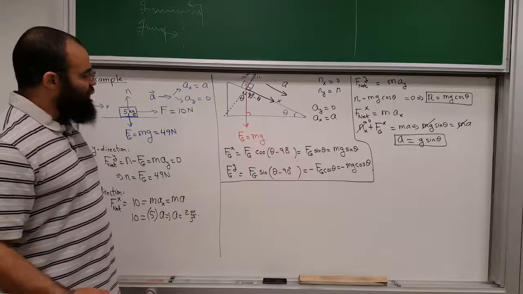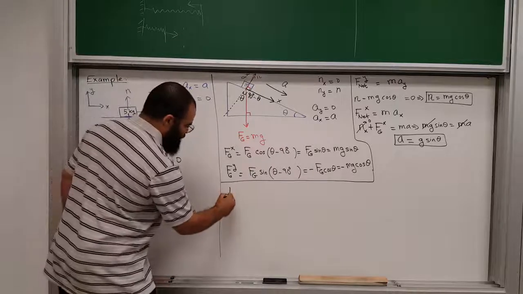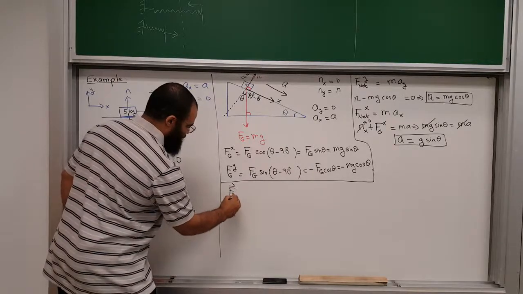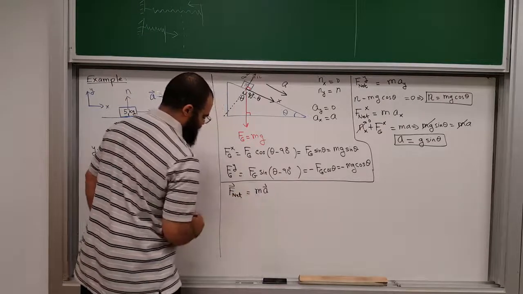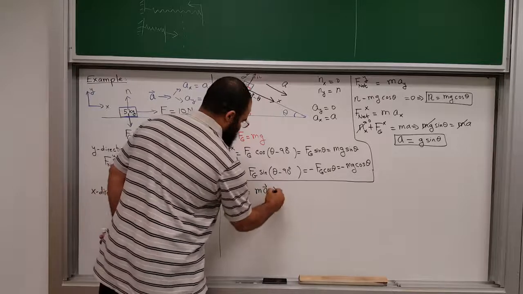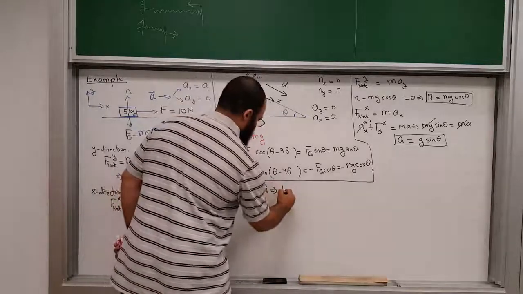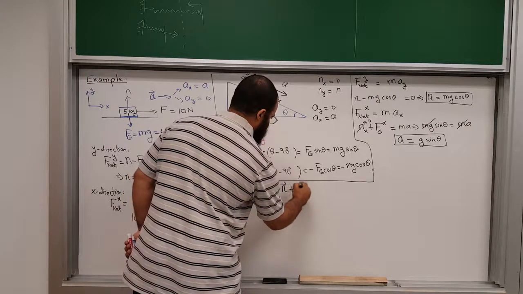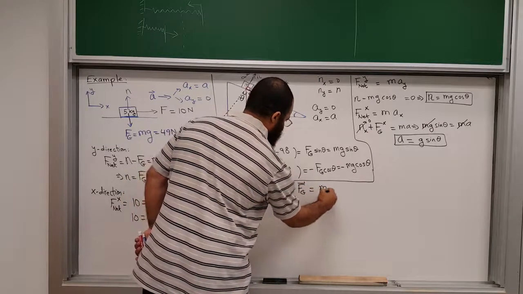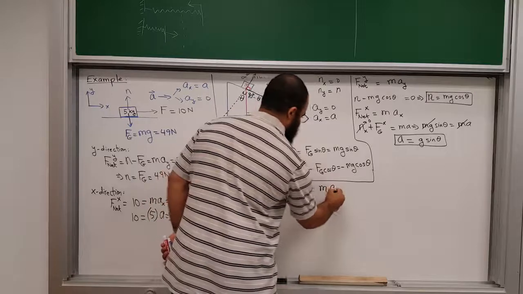So I just want to show you how you write things in vector form. We said that the net force will equal the mass times the acceleration. The net force consists of the normal force and then the force of gravity, equal to the mass times the acceleration.